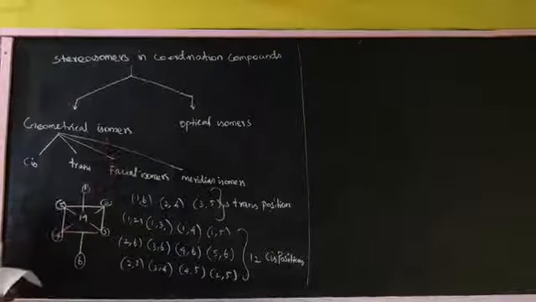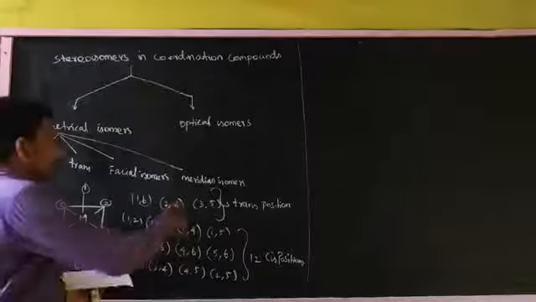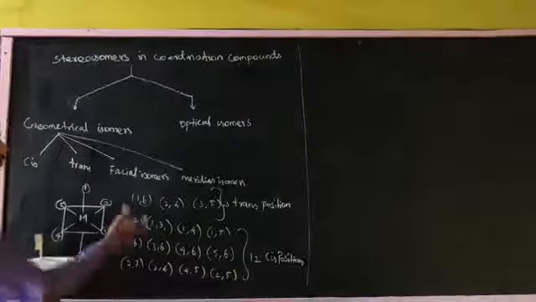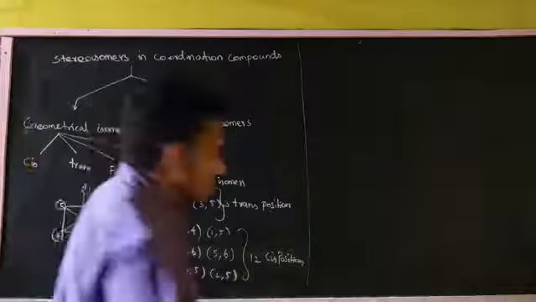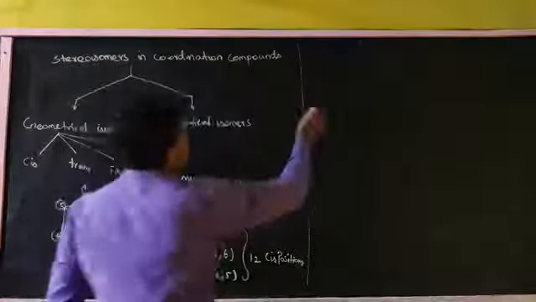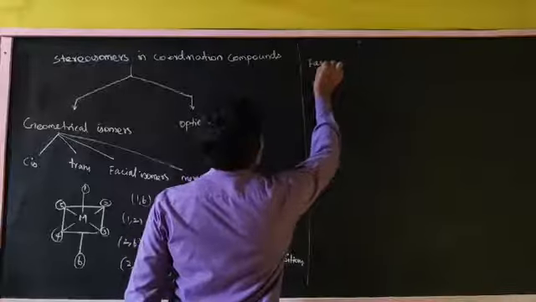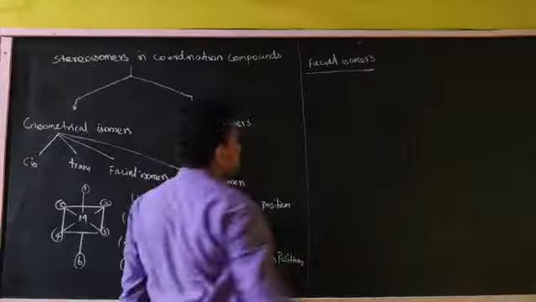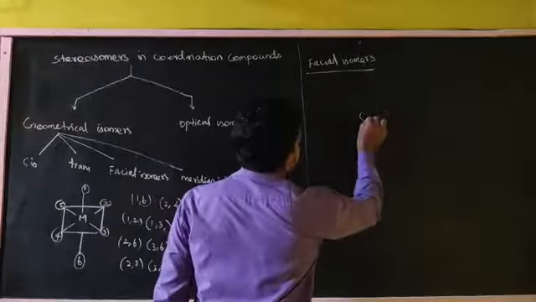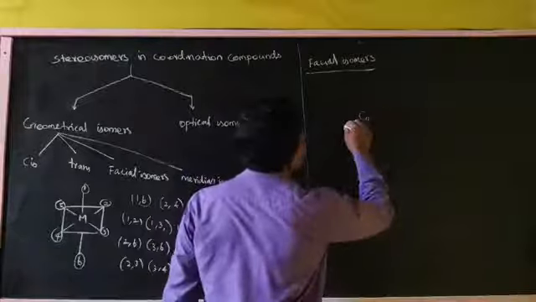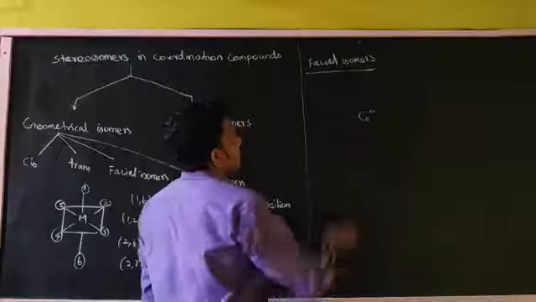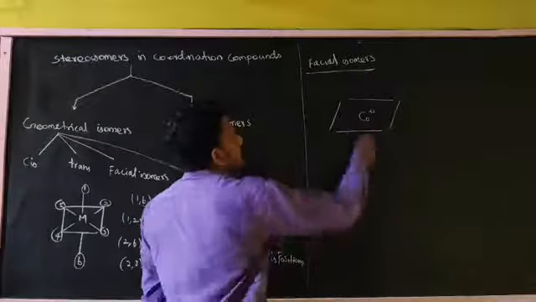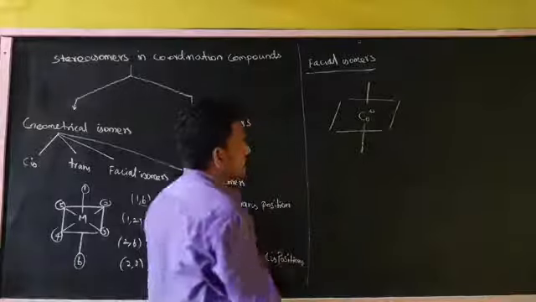Next, facial isomer and meridian isomer. How can we find it? So first we see facial isomer. The central metal atom is cobalt, 3 plus, in the octahedral complex.